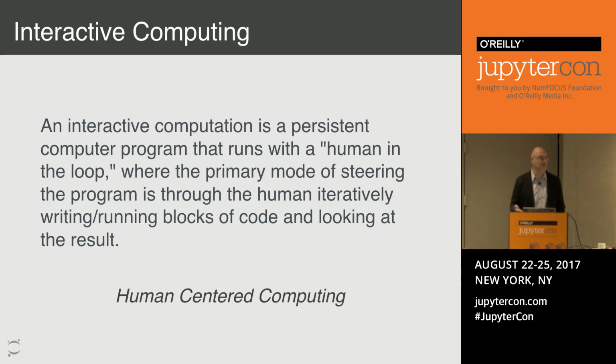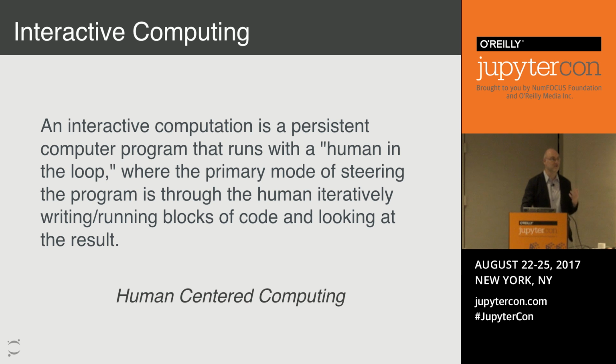That's very different from a program like Excel, which in many ways does similar types of things that we often do in Python or R or Julia. But that's the emphasis in this context. And what this means is that interactive computing necessarily is human-centered.